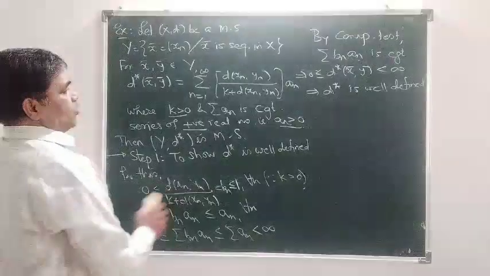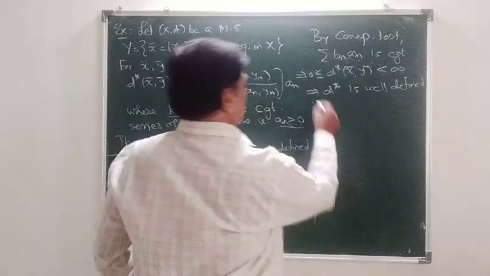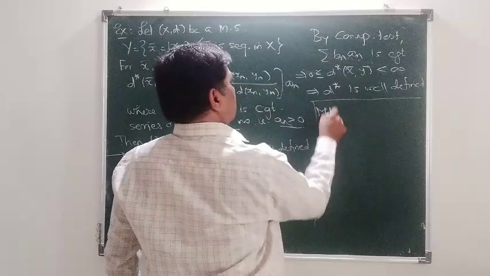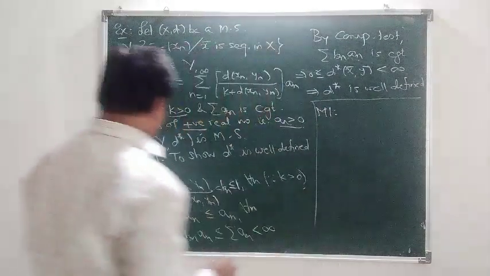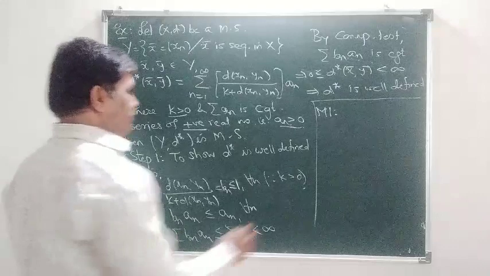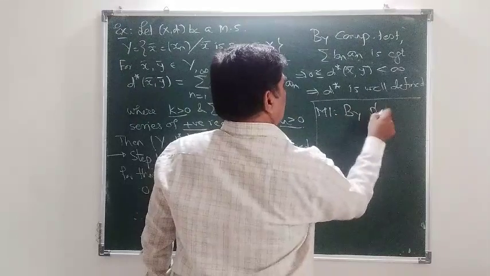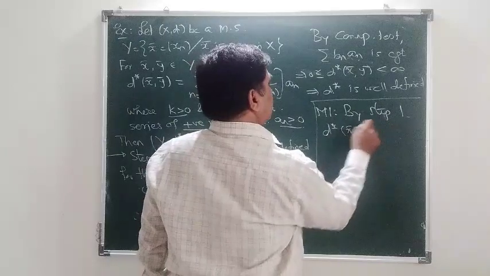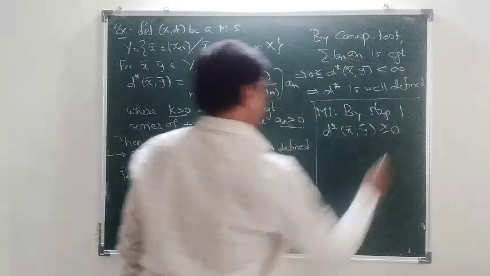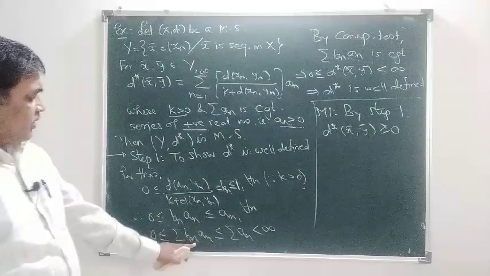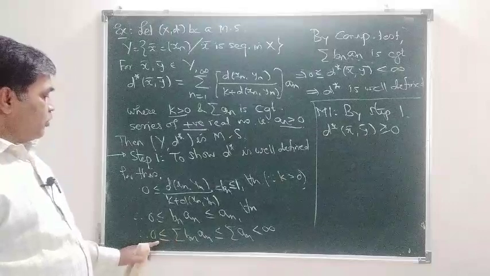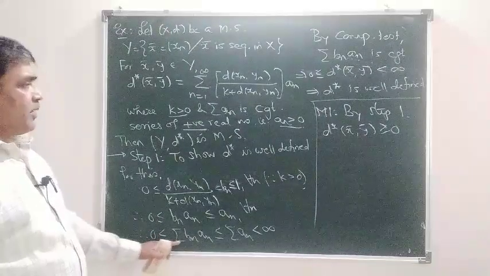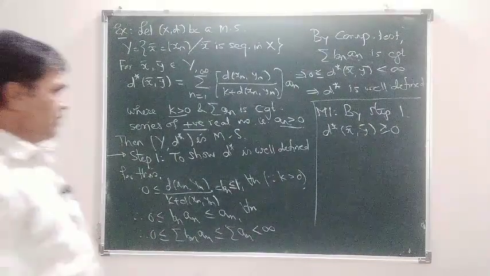Okay, so M1, by step 1, d star of x bar, y bar is greater or equal 0. Summation bn an greater than 0 means d star of x bar, y bar must be greater or equal 0.